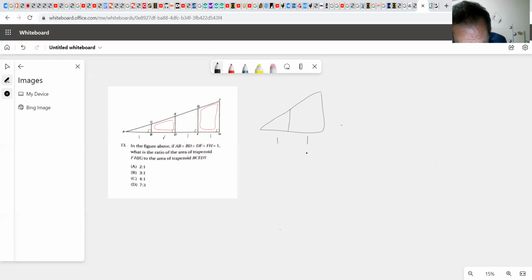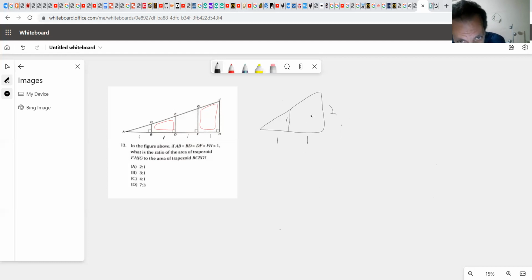Based on proportionality, if this is 1 and this is 1, then this side is 2 times as big as this side. So let's say if this side was 1, then 2 times 1, so this is 2, right?